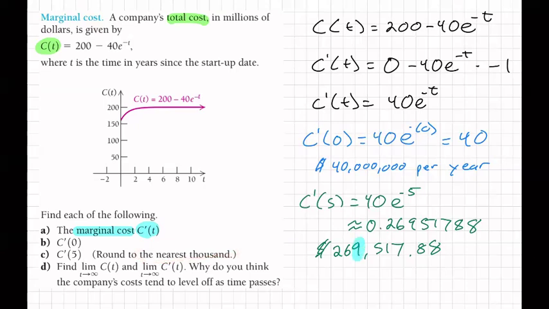So I want to say that this is actually approximately $270,000, and then again, per year. So as we look at the 5th year of this business, the marginal cost is going to be $270,000 per year.